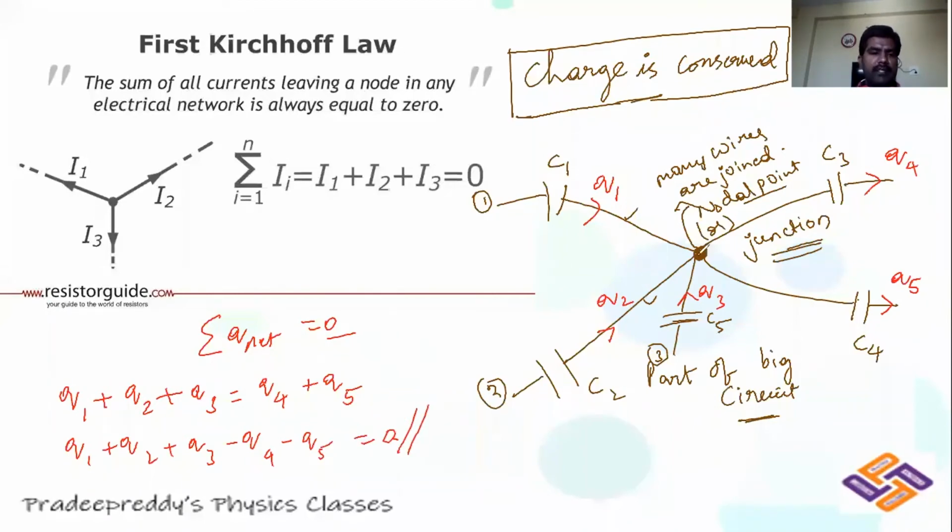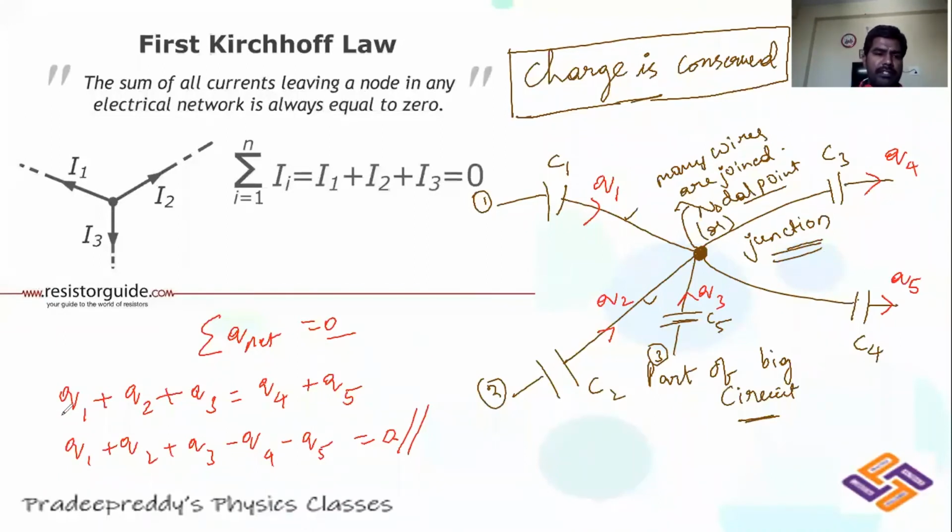Total charge is being conserved. This is what Kirchhoff first law states, and it is applicable only at the nodal points or junction points. The point where two or more wires are joined is said to be a nodal point. Whenever charges are coming to that nodal point, total charge entering into the nodal point should definitely be equal to total charge leaving from that nodal point, which is a consequence of conservation of charge.